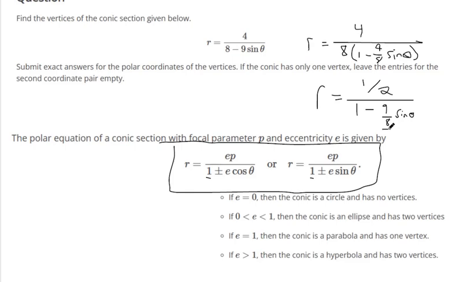So e is 9/8, and we can identify p from that by doing a little bit more rearranging. The top needs to be e times p, which equals 1/2, so that we have this form. We know what e is, because in the denominator, e is 9/8.